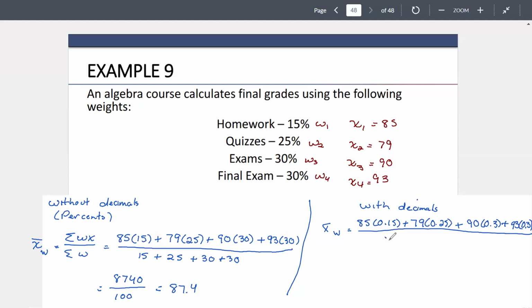Now, if we summed up all those decimals, what it should actually sum to is 1. We don't actually need to do this part at the bottom because then we're just going to have 87.4 over 1, or just 87.4. A lot of times when we have percentages as weights, we just convert them to decimals, because in that case I didn't even need to do this part at the bottom, because we already knew it was going to equal 1.